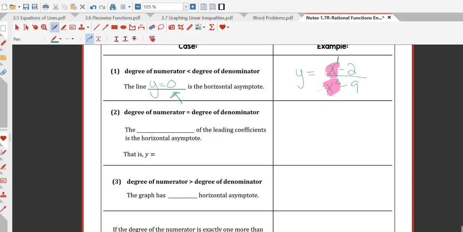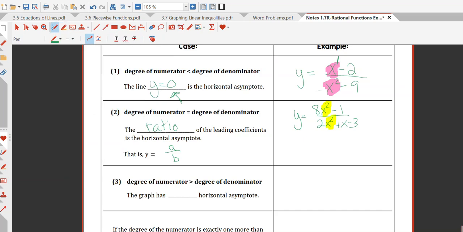If the degrees are the same, it is the ratio of the leading coefficients, meaning a over b. So if you have something like this, 8x squared minus 1 over 2x squared plus x minus 3, and you take a look at this, hopefully you see that the degrees are the same.